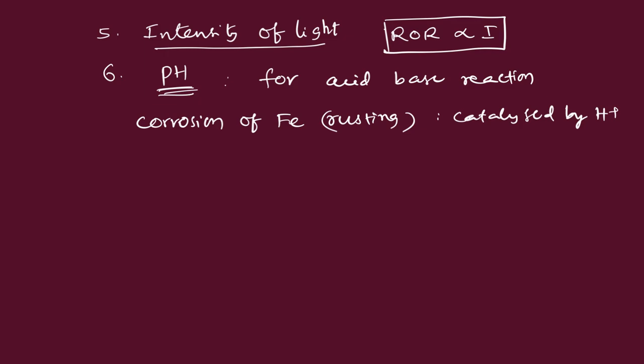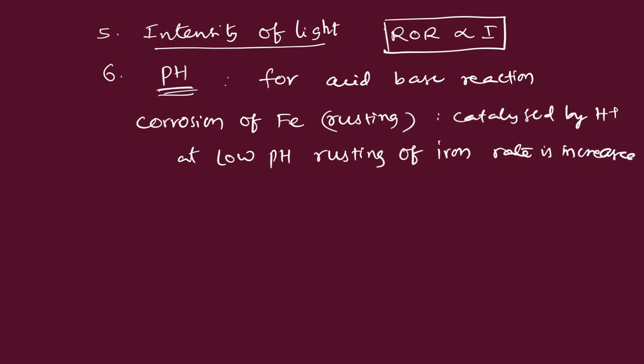So we already learned that at lower pH, the rusting rate of iron is increased. This is one explanation about how the rate of reaction is influenced by some factors.